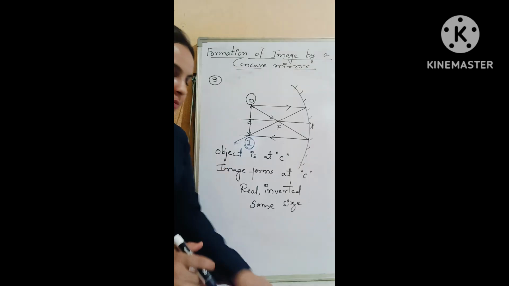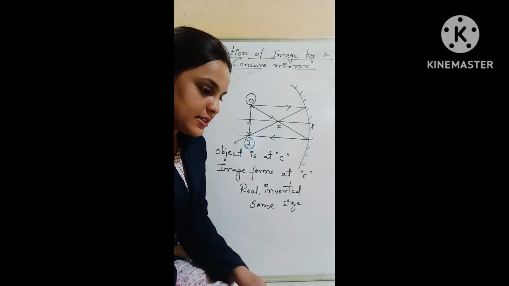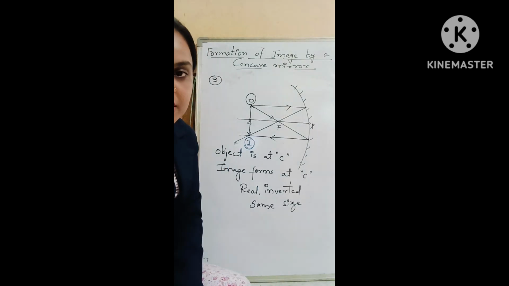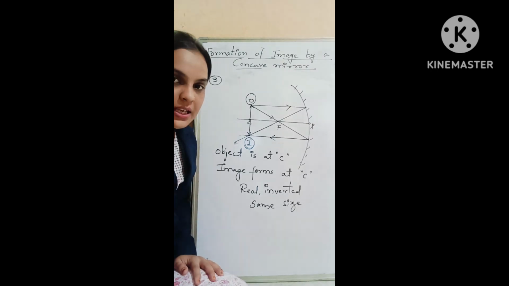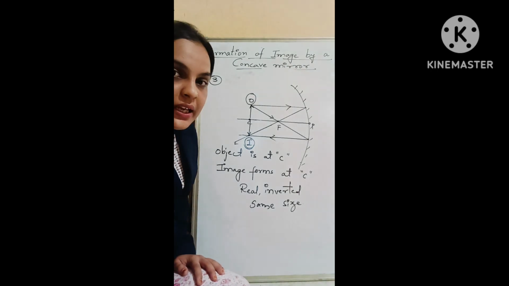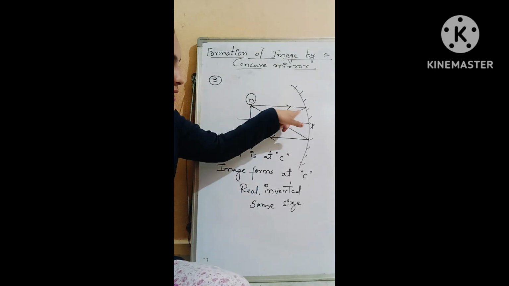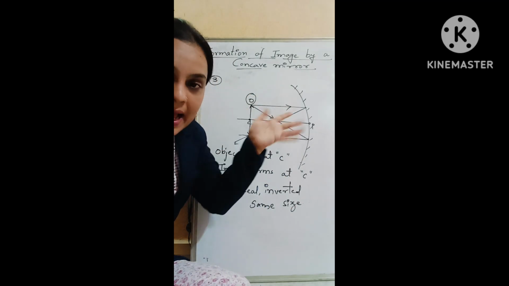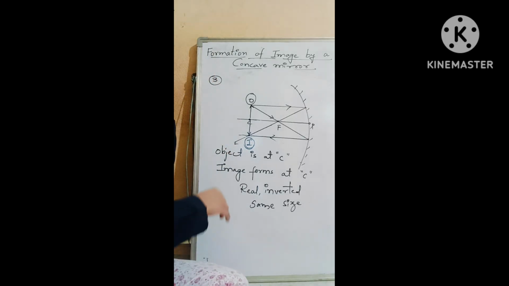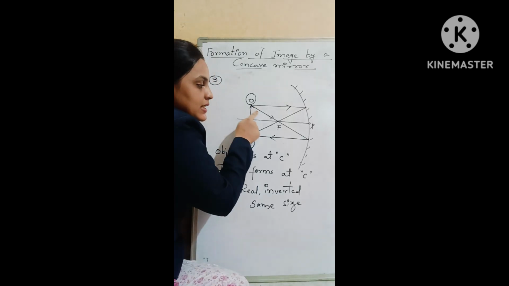Now coming to the third case, I placed the object at center of curvature. As you can see, O is nothing but the object. So as we know that we require at least 2 rays to form the image. So I took one ray which is parallel to the principal axis. This is common in every case. We'll take the parallel ray. Next, one more ray which is passing through the focus.